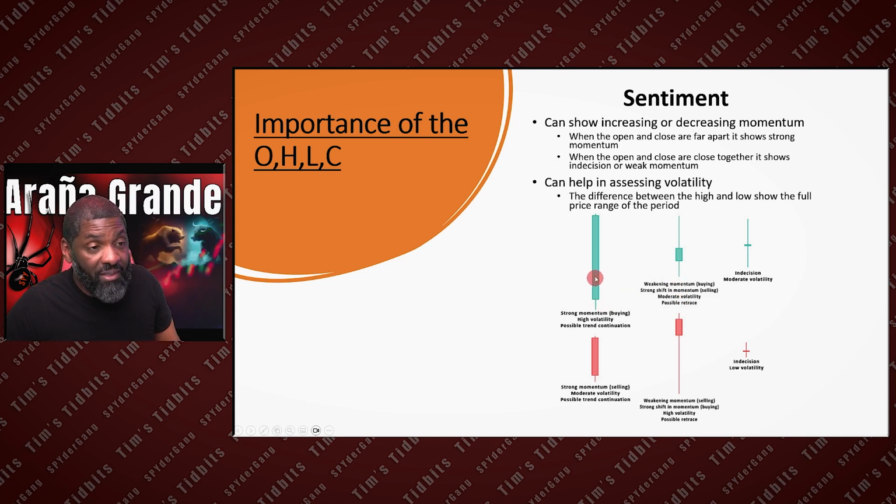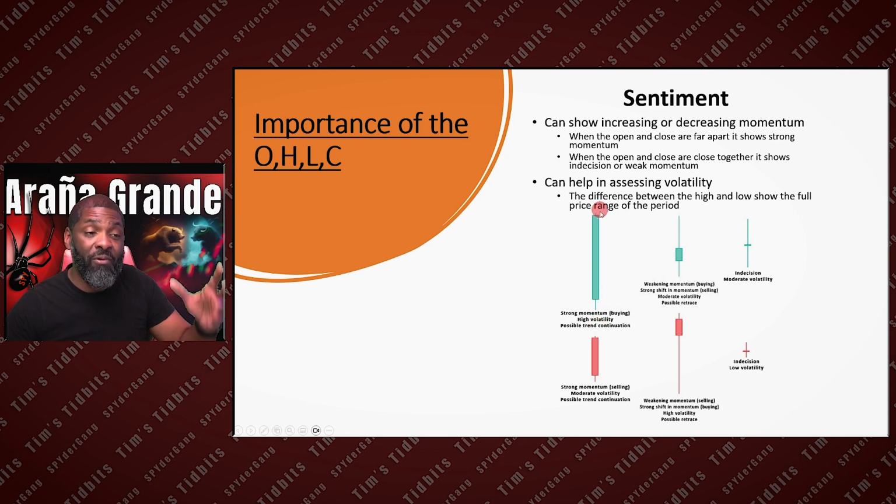Anyway, a big candle like this, in this case, is a big up-close candle. Looking at this candle from where it opened to where it closed, it shows strong momentum on the buying side because it's an up-close candle, showing it opened down here and closed really near the high of the period. That's showing a lot of strong momentum.